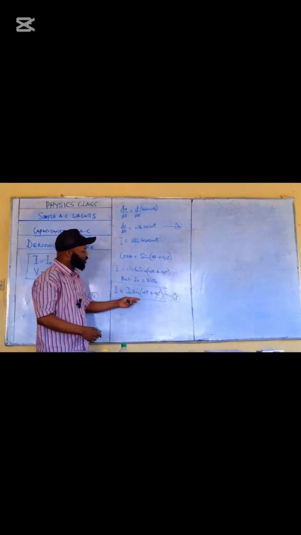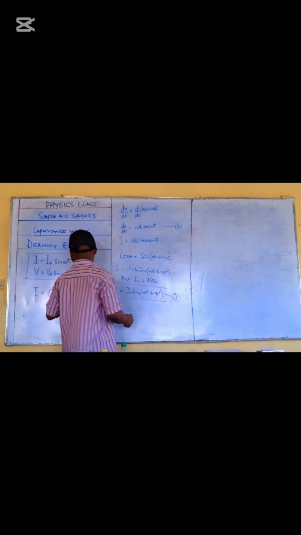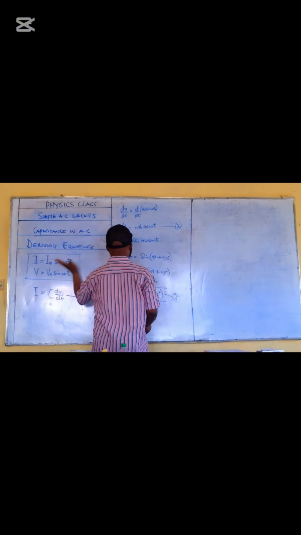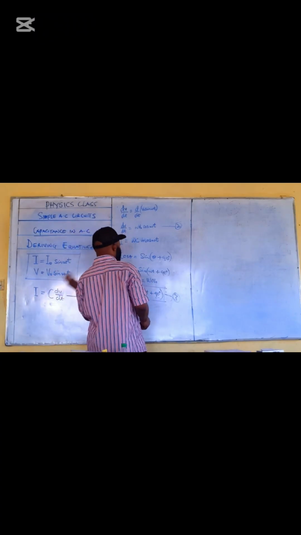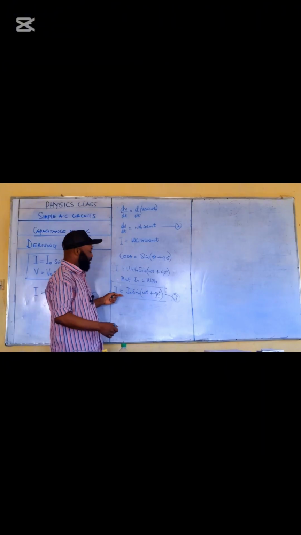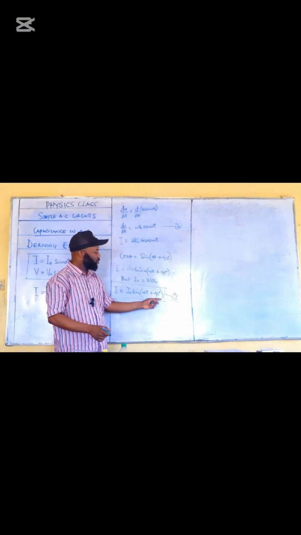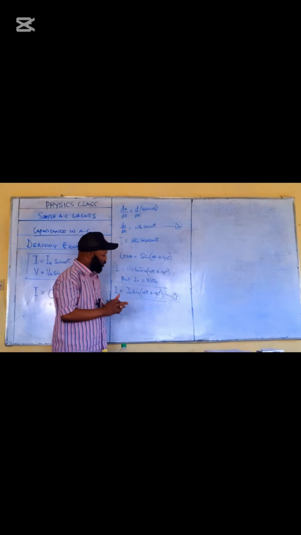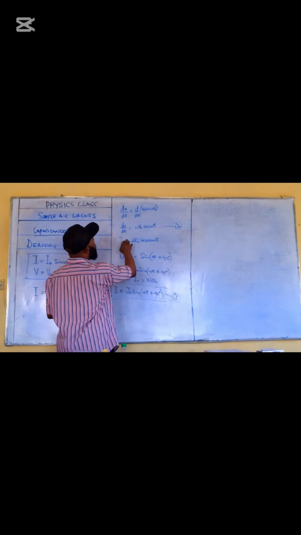So this equation shows us that, from the nomenclature where the instantaneous current is I naught sine WT, when a capacitance is in AC the instantaneous current has gained 90 degrees. The voltage remains what it is.